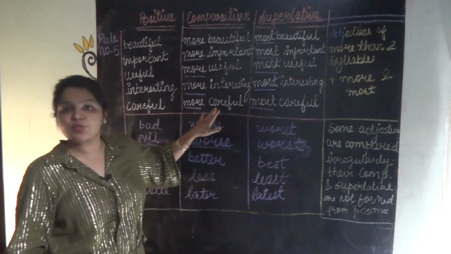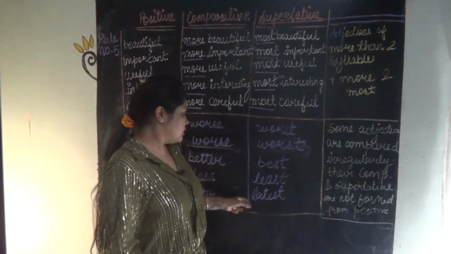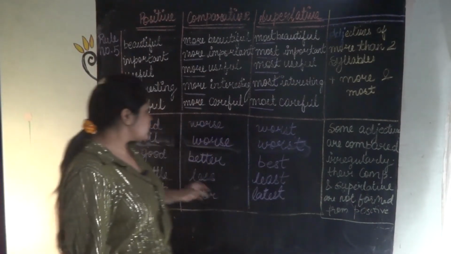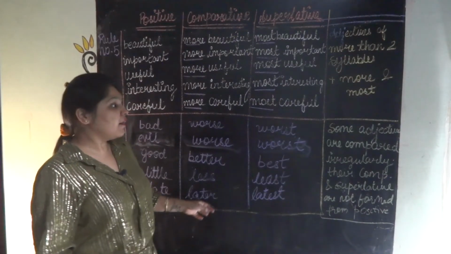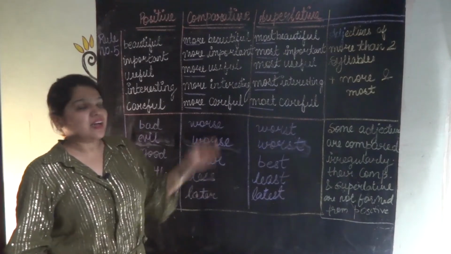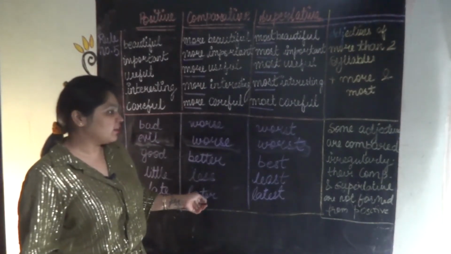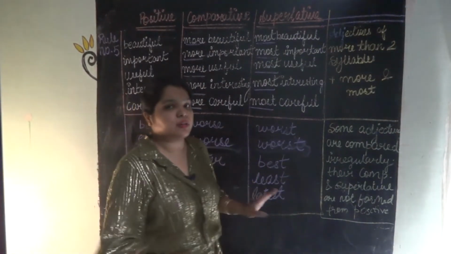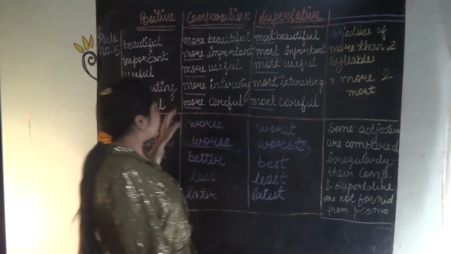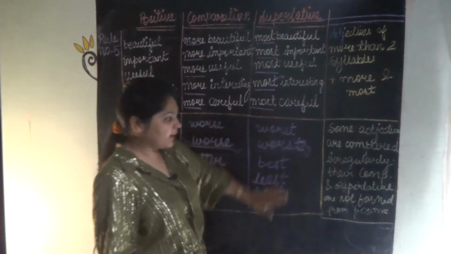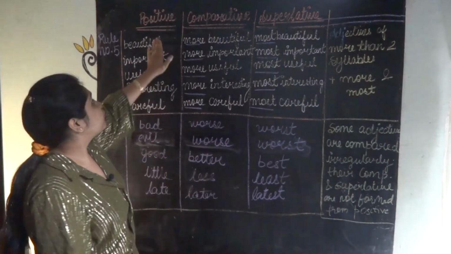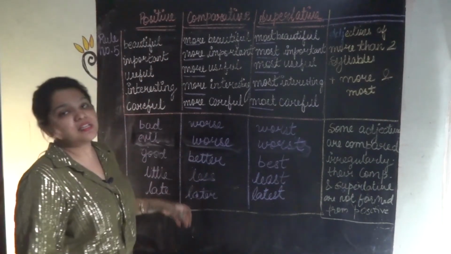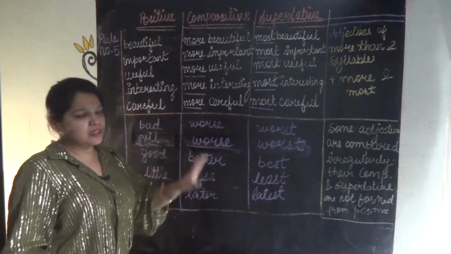Okay, I hope this one is clear. Let's move to the last one. These are irregular adjectives, and they will be compared irregularly. Their comparative and superlative degrees are not formed from the positive degrees. Means you have to just learn these.